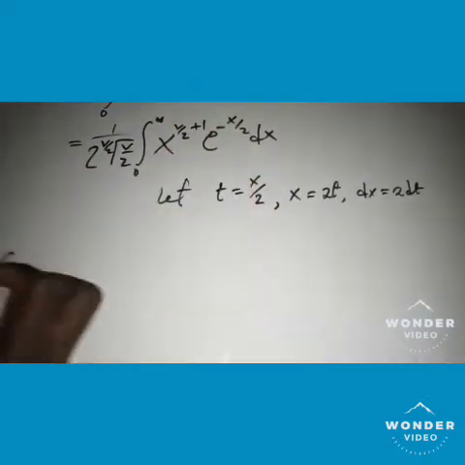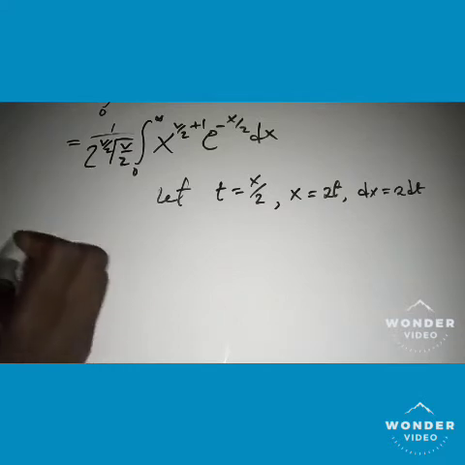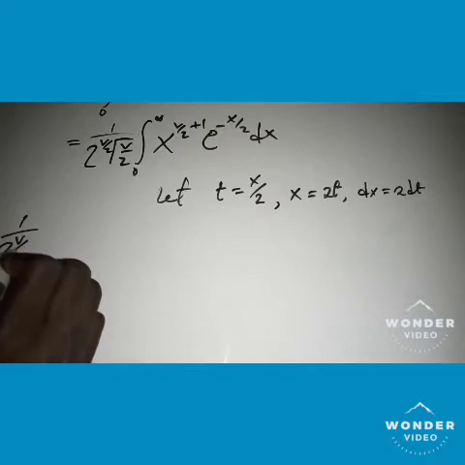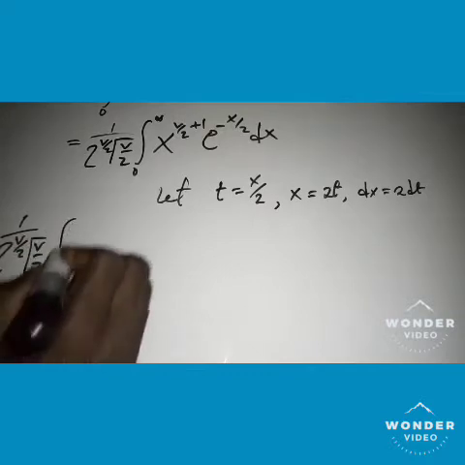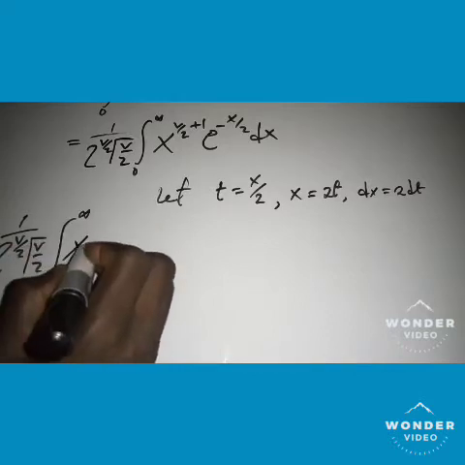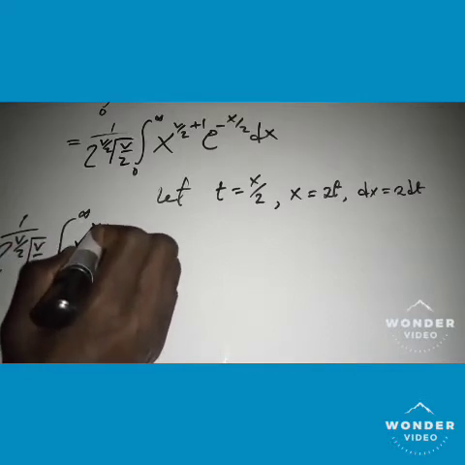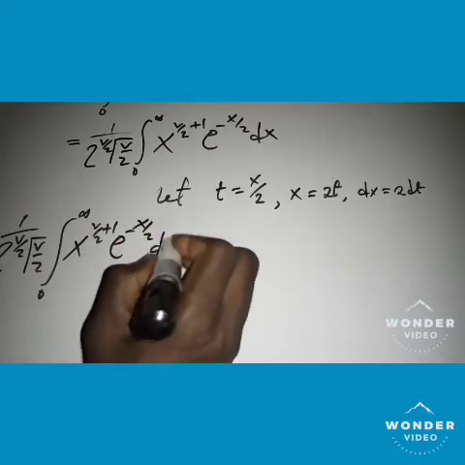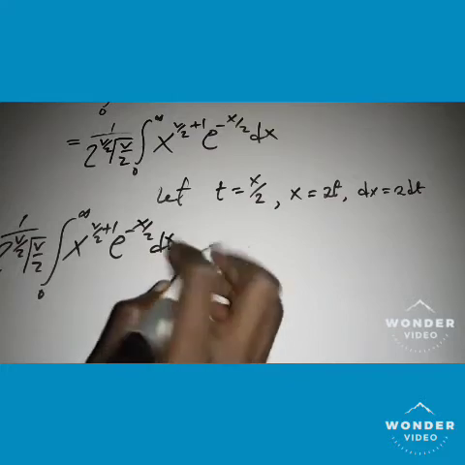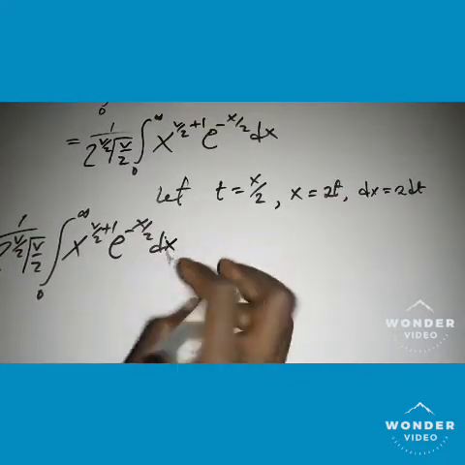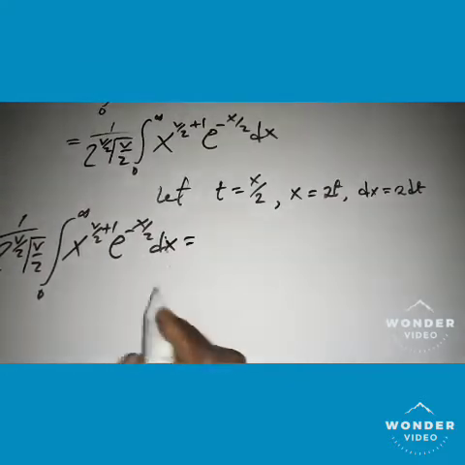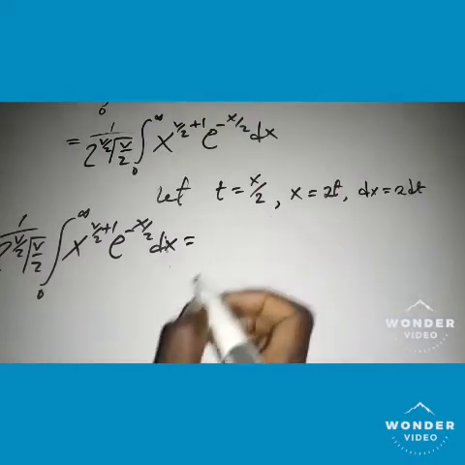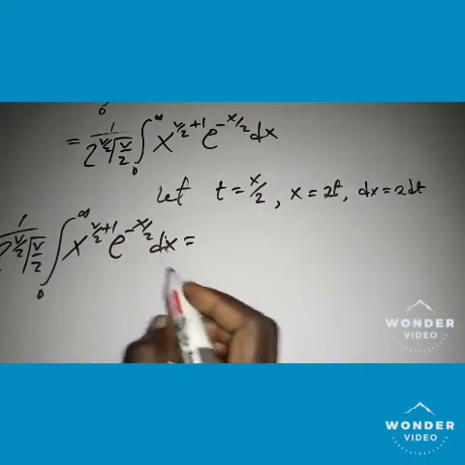So this value, together with the constant 1 over 2 to the power of v over 2 gamma of v over 2, the integral from 0 to infinity of x to the power of v over 2 plus 1, e to the power of negative x over 2, dt. The x will now change according to the change of variables.